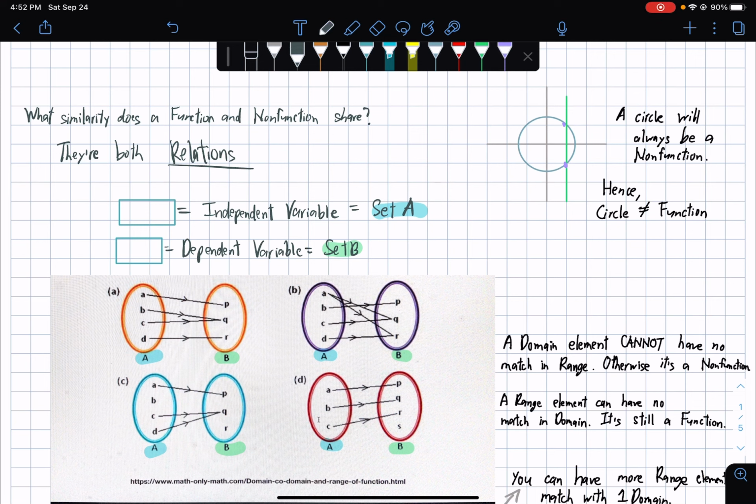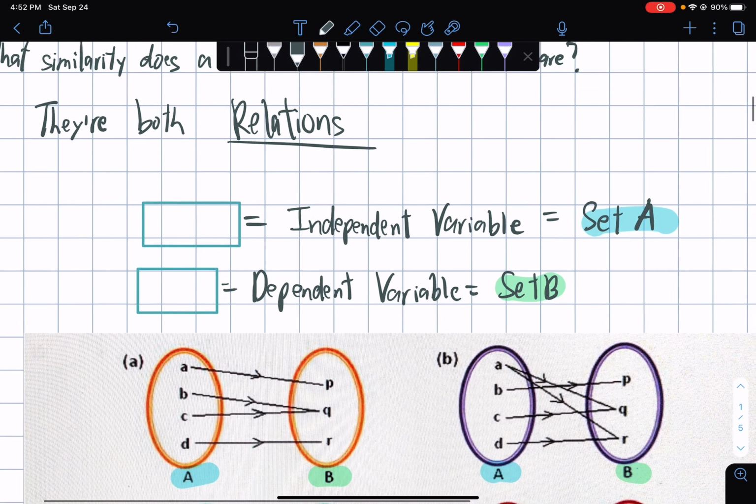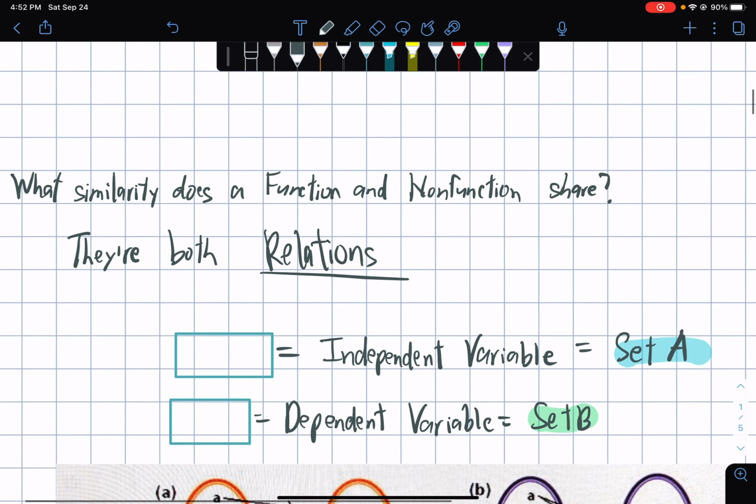So, for the independent variable or set A, we should acknowledge that in every set A that we can see in our exam, that already refers to the domain. Of course, what I'm saying right now is in the context of the lesson of functions.